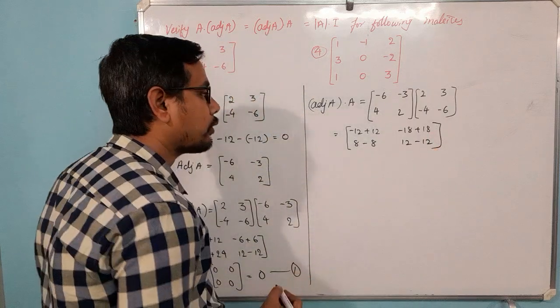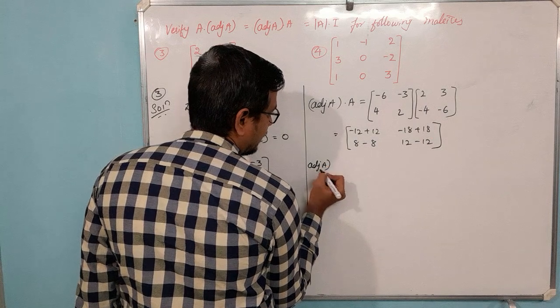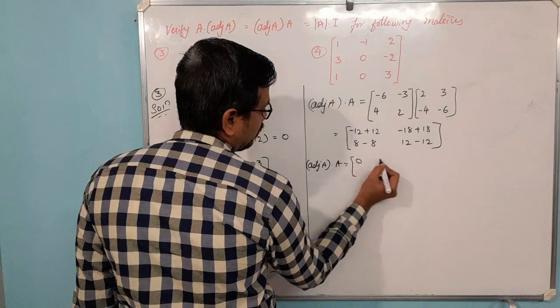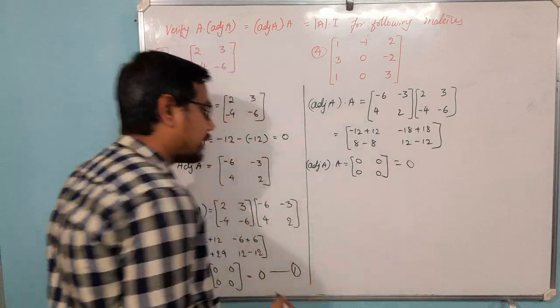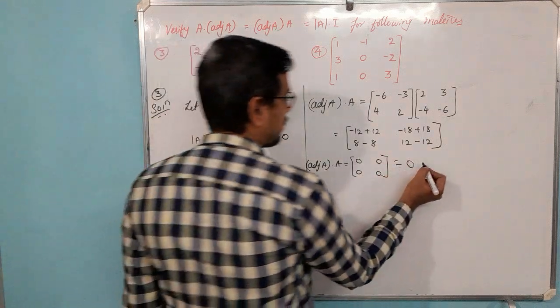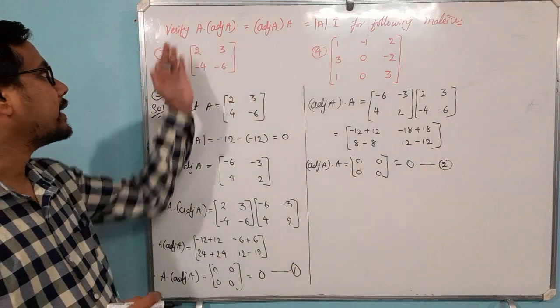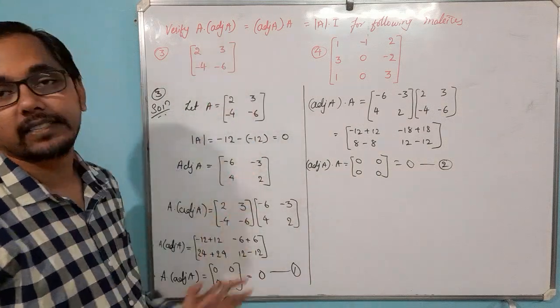So now you can see adjoint A into A is equal to 0, 0, 0, 0, nothing but 0. Take it as equation 2. So now we have calculated A into adjoint A and adjoint A into A, and we have found that they are the same.